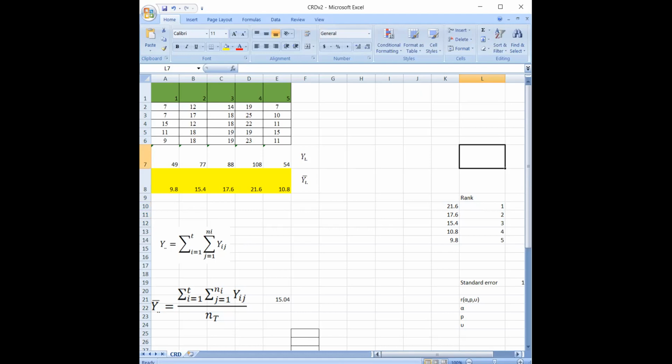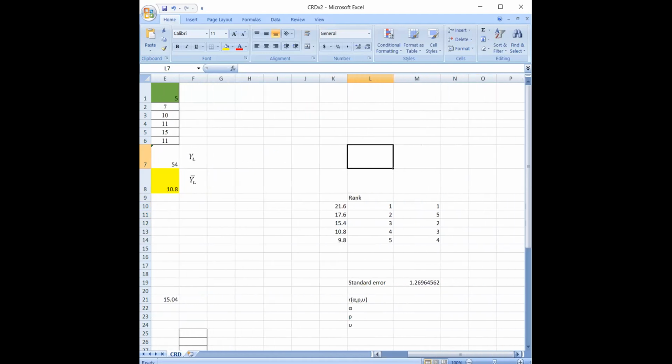So after arranging them from largest to smallest, now we have to read the table values from the Duncan table. But before that, let's calculate the standard error of the mean. I will just write the expression first.